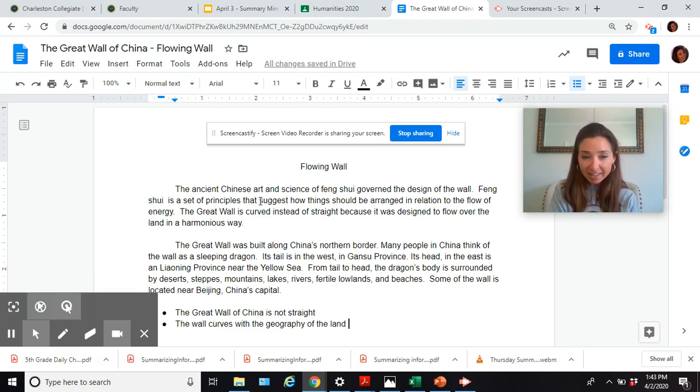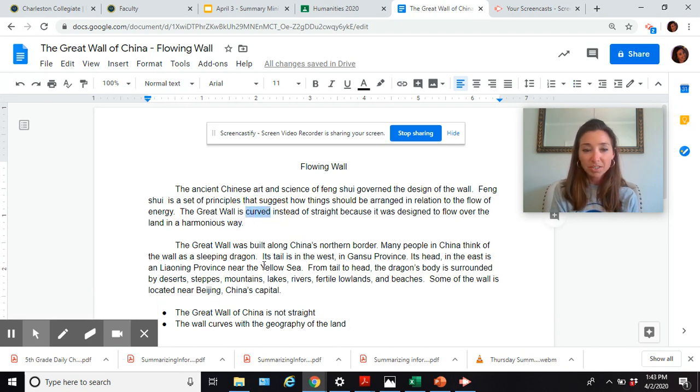Now, if I look back at the paragraphs, it has the word curved, and I used the word curved. Maybe instead I can change that to bends, so I'm not taking exactly what the text says. We don't want to plagiarize.